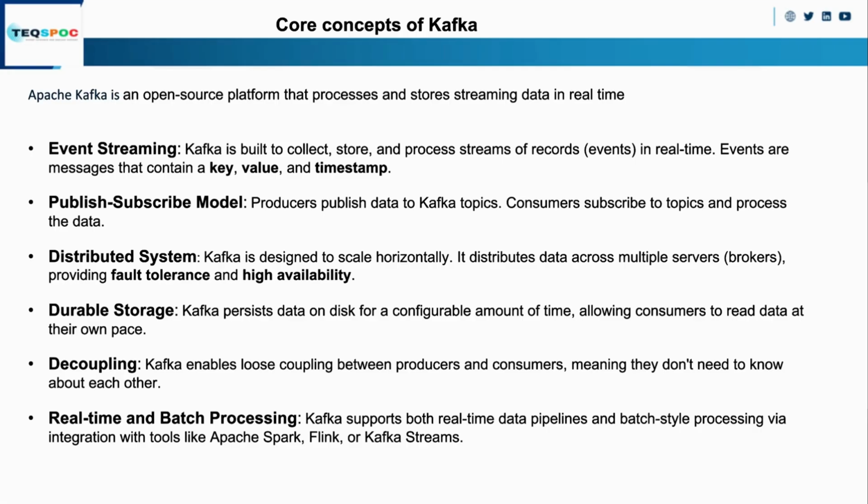Batch style can also be carried, but it's not necessary. Basically, suppose I have data sitting at any website or any other server or storage, I can simply use my PySpark API or any other tool to ingest the data from there. So that is the reason we don't use Kafka for batch style, but it is widely used when it comes to real-time streams.